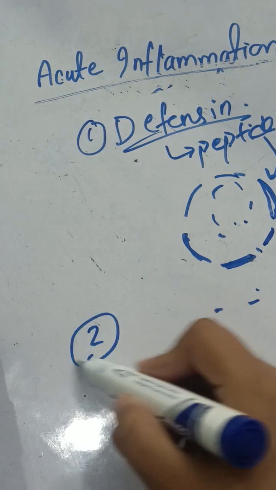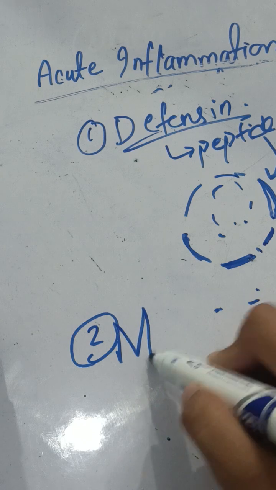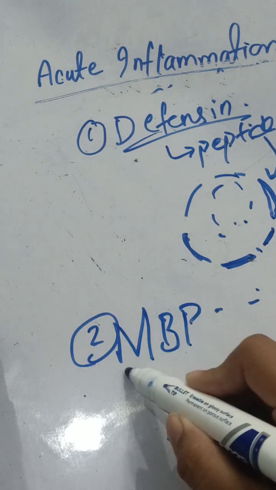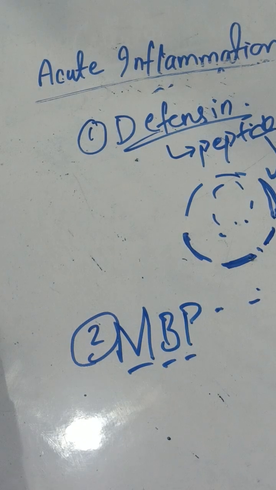The second thing that kills a microbe is major basic protein. It kills the parasites that are found over the eosinophils. This protein will kill only parasites, not all microbes. This is very important.